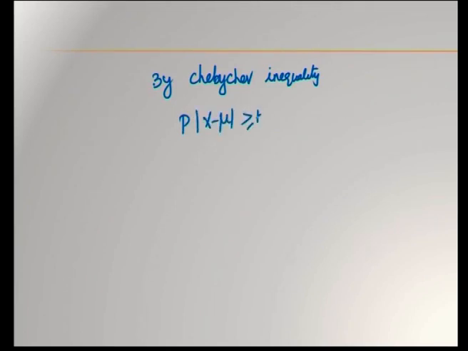Now, what does the Chebychev inequality say? First format of Chebychev inequality. By Chebychev inequality, P of modulus of x minus mu is greater than or equal to k is less than or equal to variance of x by k square.